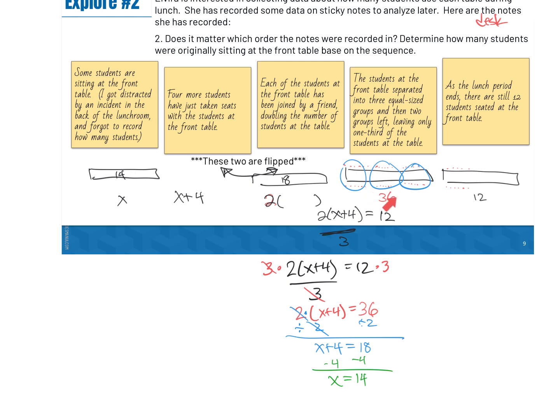They were in groups of 2 because every student had a friend, so we divided by 2. Here's our 18. And then it said we had 4 more students, and we're going backwards, so we need to get rid of 4, and it leaves the 14. So one is algebraic, the other is logically thinking with the sticky notes.